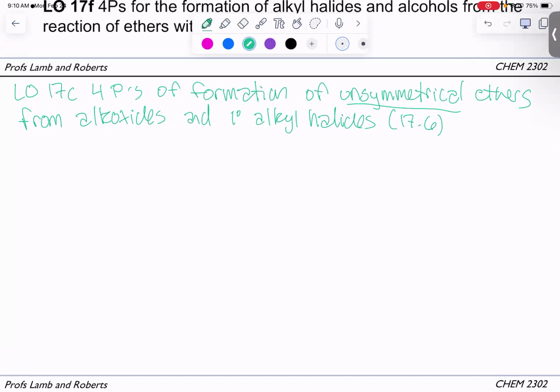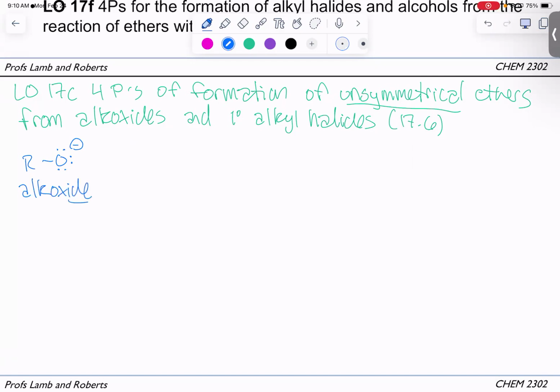All right, so let's start to think about this. We need an unsymmetrical ether, and our learning objective says that we're going to start from an alkoxide. So an alkoxide, the suffix -ide, means that we have a negatively charged compound, right? This is an alkoxide, right?